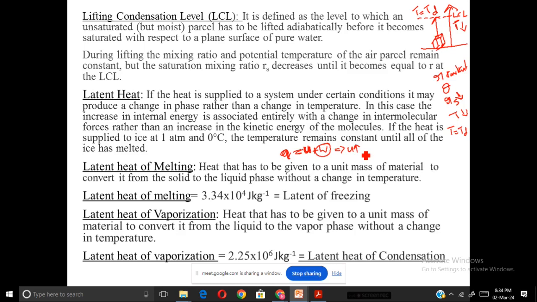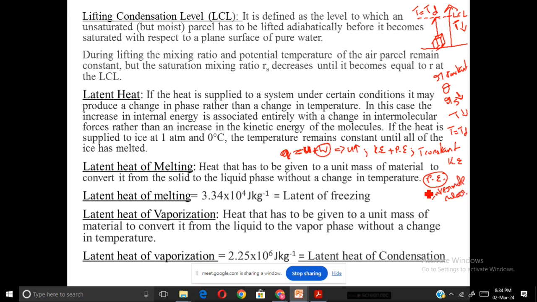And again, internal energy has both microscopic kinetic and potential energy. If the temperature is constant, that means kinetic energy is not changing, and the only change happening is to the potential energy. The microscopic potential energy is basically the intermolecular force of attraction between the molecules.